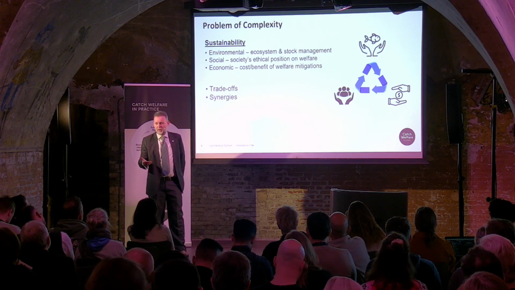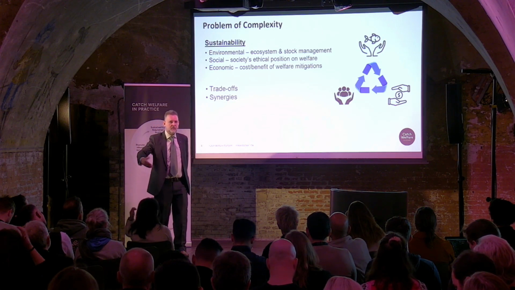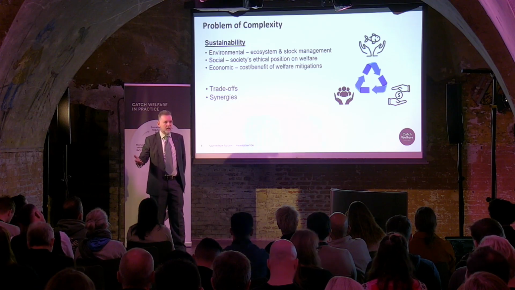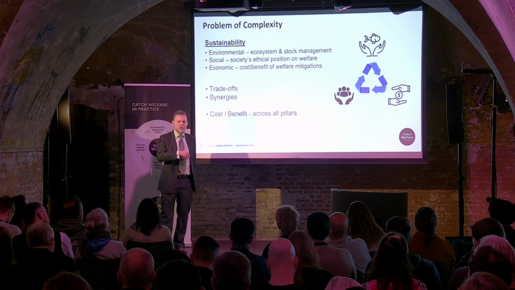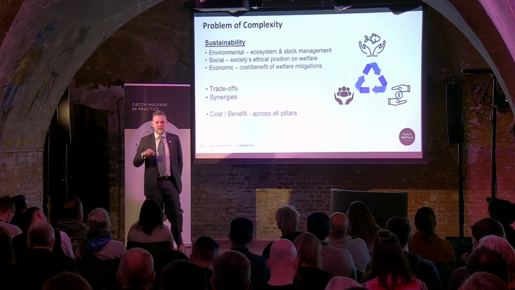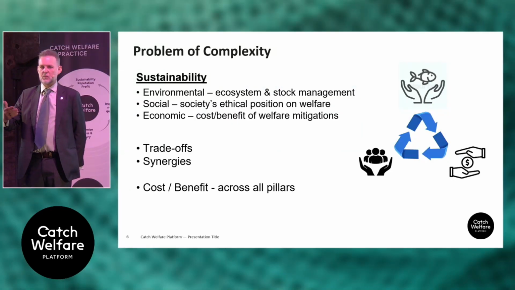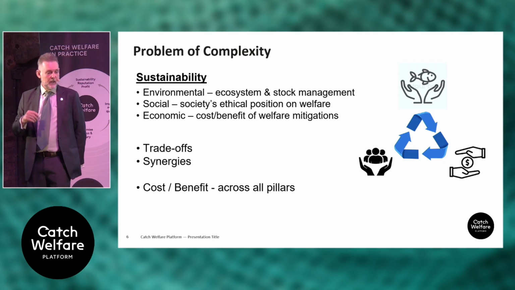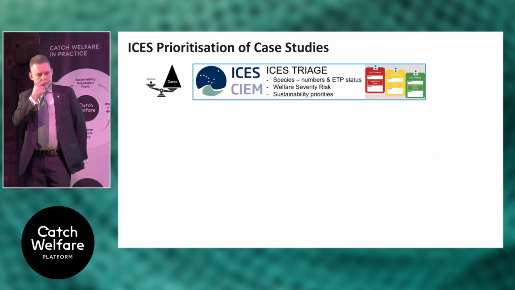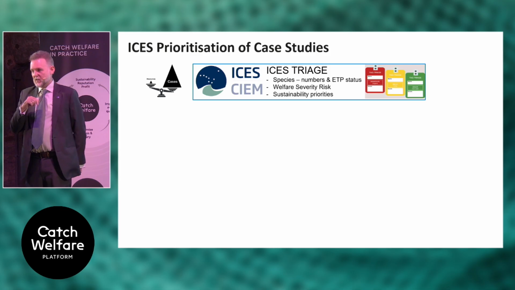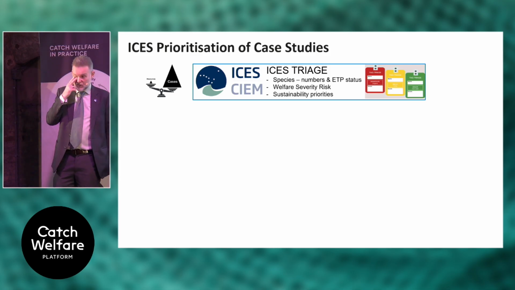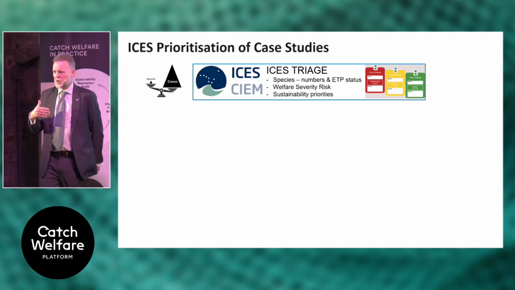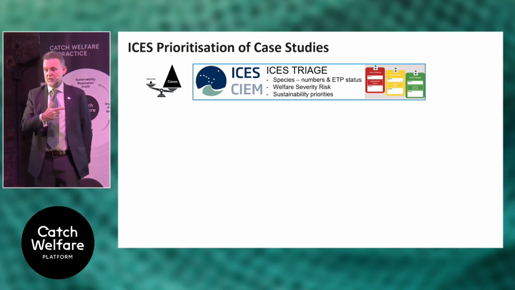So good welfare will hopefully lead to better prices, but it will involve an initial cost. So there are going to be cost benefits across all pillars, and this needs to be considered whenever we consider a catch welfare implementation. Now, I spoke yesterday about ICES and the new working group. In the workshop just recently, we discussed how we were going to move forward. How can we practically address these problems?